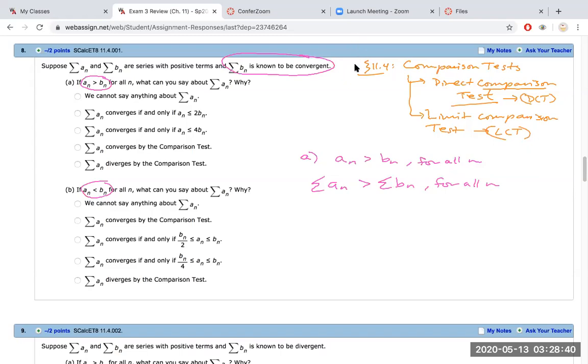And we know that this series b sub n is convergent. Okay. If your lesser series is convergent, you do not know any information about your upper series. Okay. We cannot say anything about this.